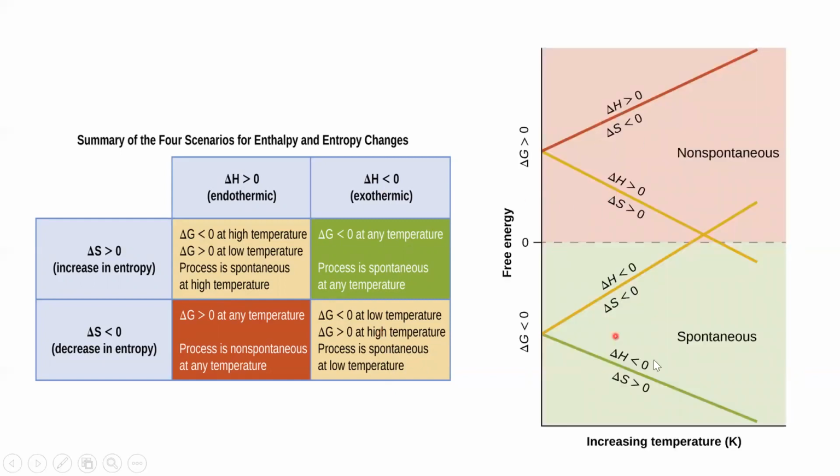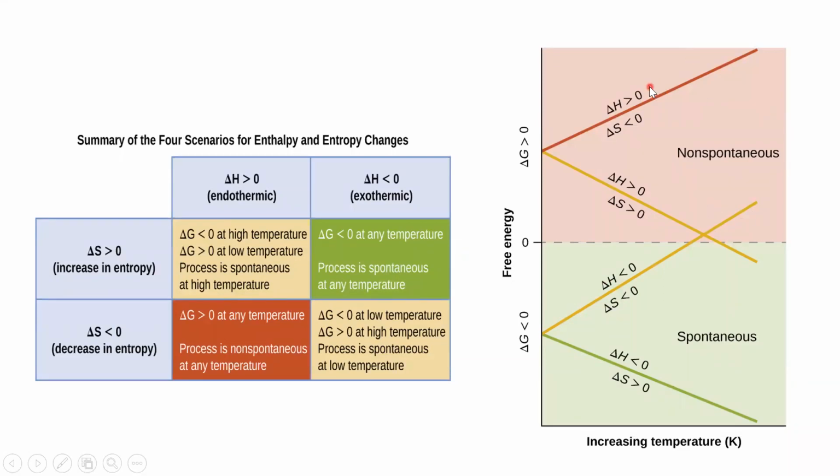That's kind of what this graph tells us here. If we have an exothermic process that increases entropy, it will always be spontaneous. If we have an exothermic process, but we're decreasing the entropy, it will be favored at lower temperatures, but not favored at higher temperatures.